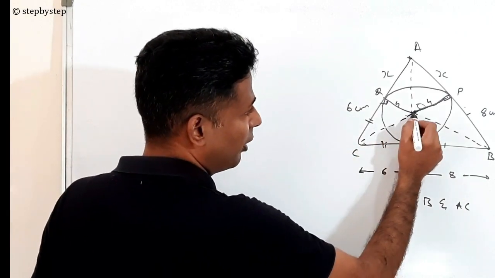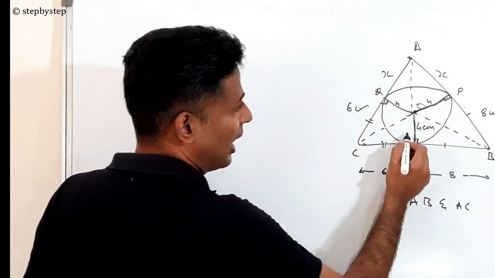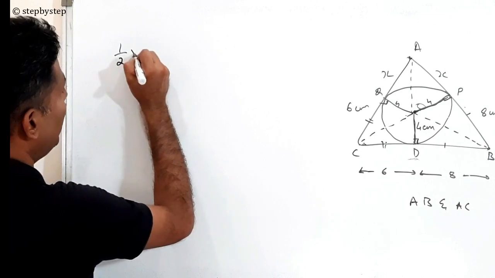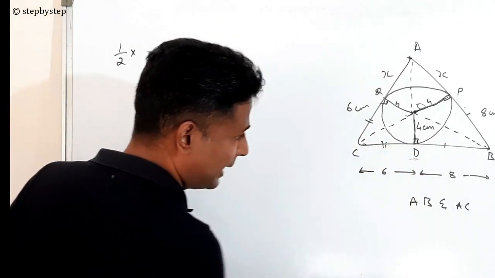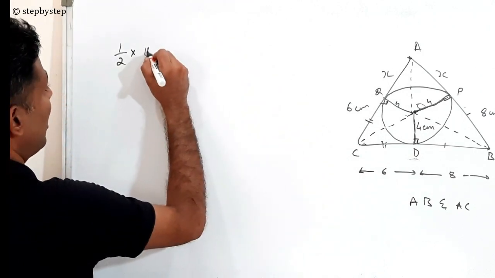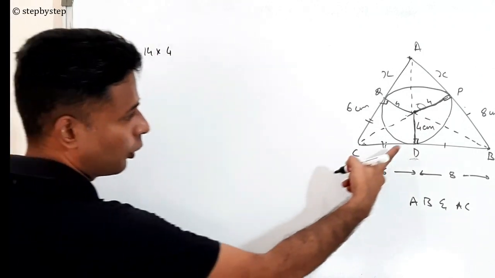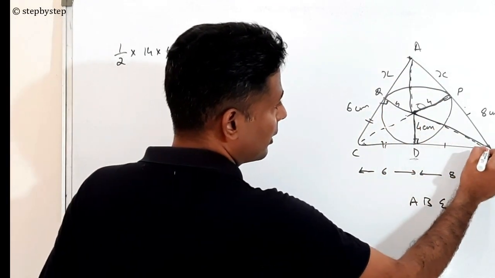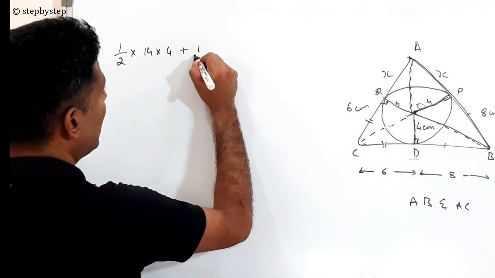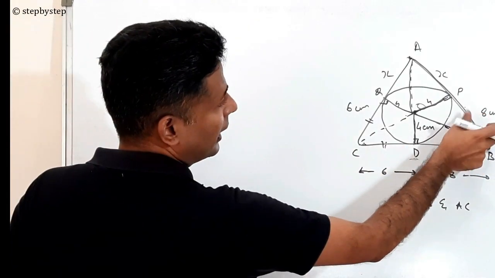So what will be the area of triangle COB? Half into base. Base is CB or BC, which is 6 plus 8, 14. Half into base into height, which is 4, right? Plus, now we will take this triangle's area. Again half into base, what is it? 8 plus x.